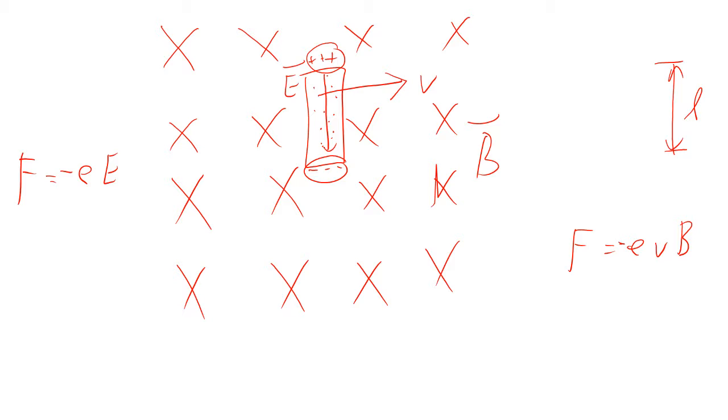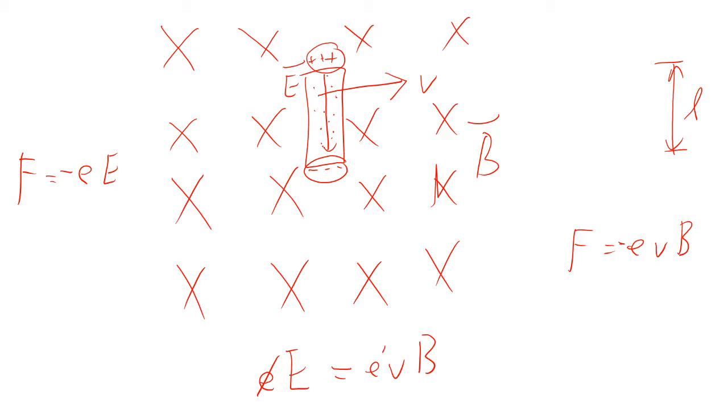So the result is that the motion pushes electrons down, but the electric field tries to push the electrons up. So the two tend to balance each other. Eventually, they're going to balance: eE equals evB.